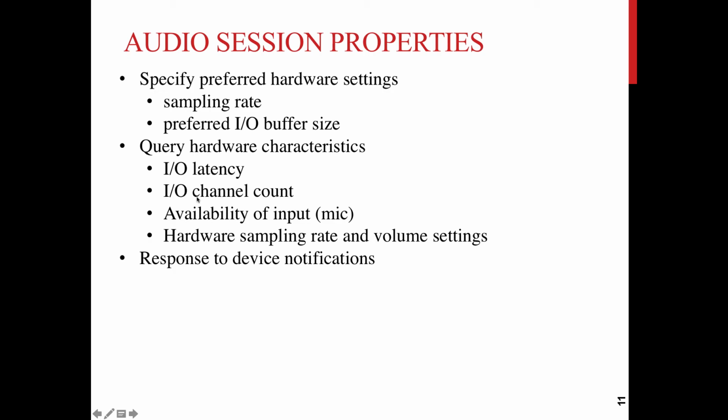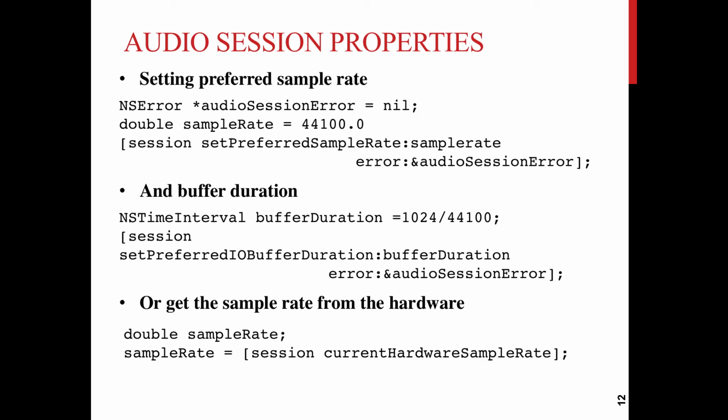The third thing we talked about already in depth was responding to device notifications. So these are all easy properties to set. In order to set the sample rate, you just call set preferred sample rate on the audio session. To set the preferred buffer duration, you need to figure it out in seconds, which is a little bit annoying.